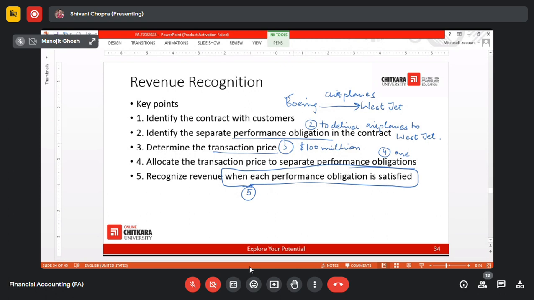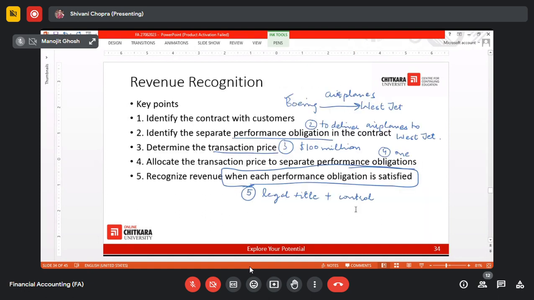Boeing would recognize the revenue of 100 million for the sale of airplanes to WestJet only when the WestJet has taken possession of the airplanes. Possession here means the legal title is transferred, plus the control on the airplanes is now in the hands of WestJet. That is where the revenue is recognized, right? So this is about revenue recognition.